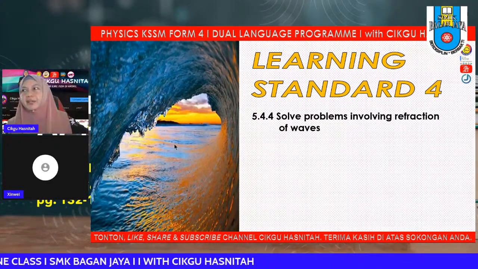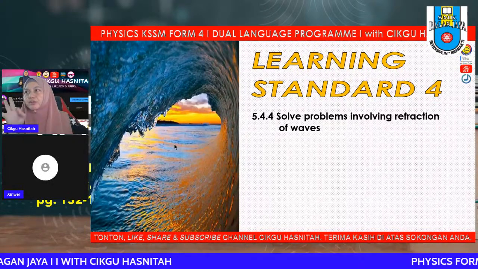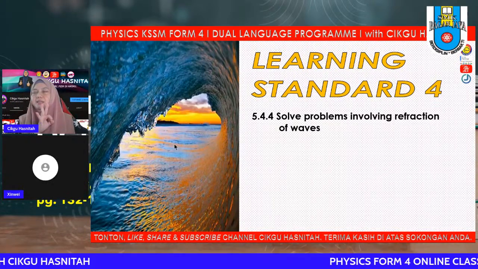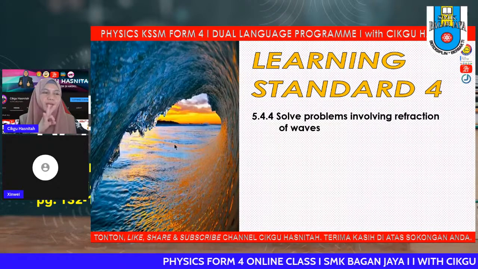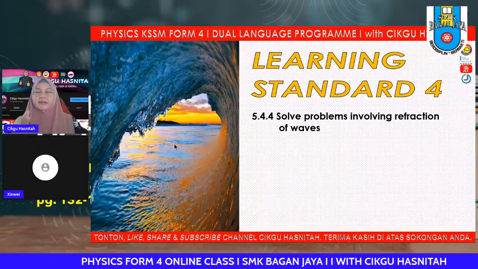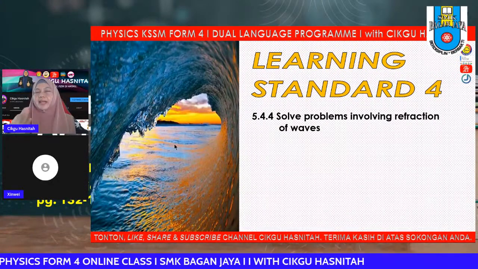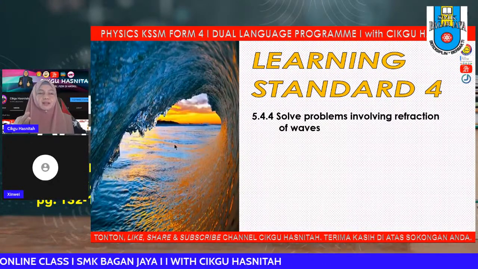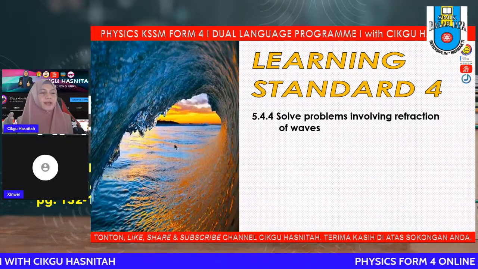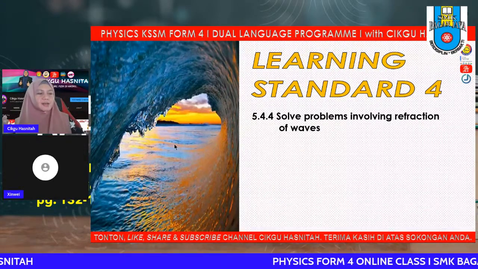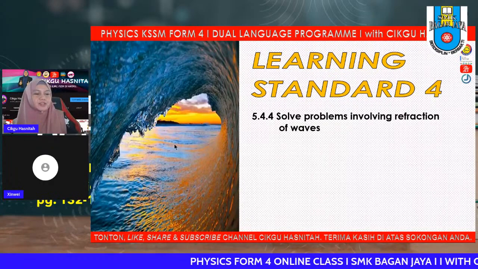We have covered the first 3 learning standards. First, how to justify the characteristics of a wave after experiencing refraction. Second, how to draw the patterns of the refracted wave. And third, examples of situations related to refraction of waves.